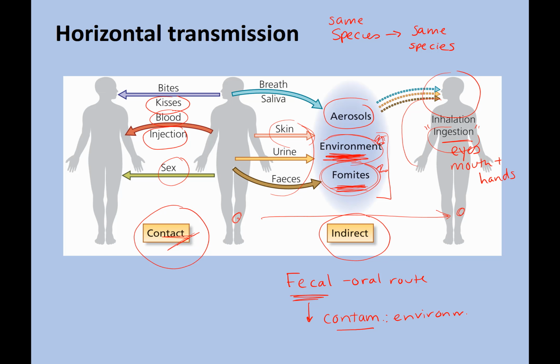So that could be water, food, or contaminating fomites, which we'll talk about in just a second. And then the person is going to somehow get this orally. So eating contaminated water or food, touching something again, and touching your mouth and hands. So oral, right to your gut system, out through the fecal route.